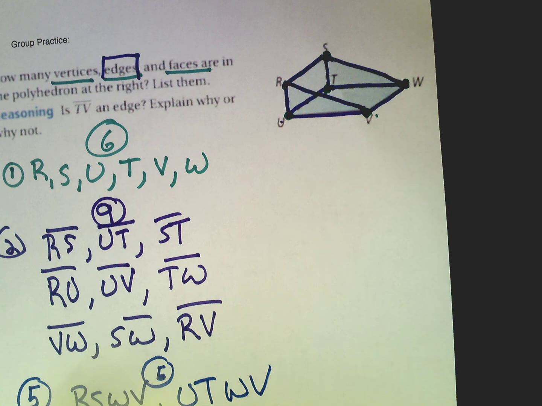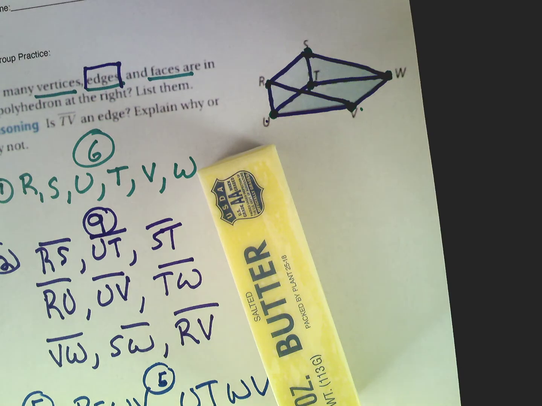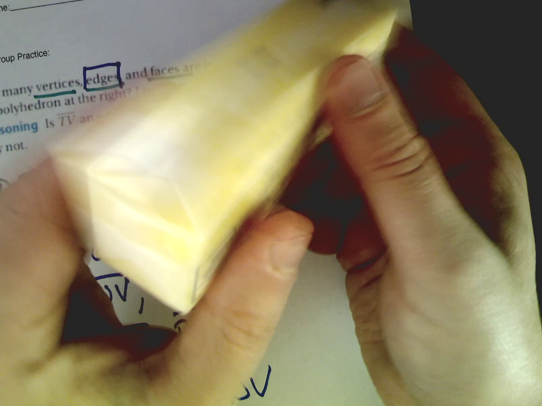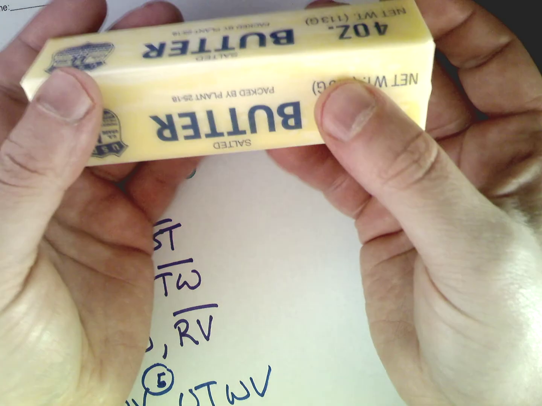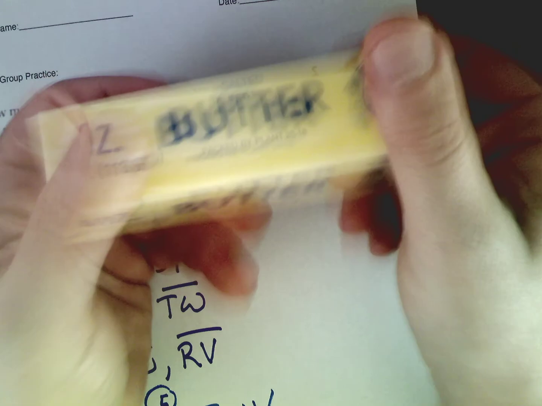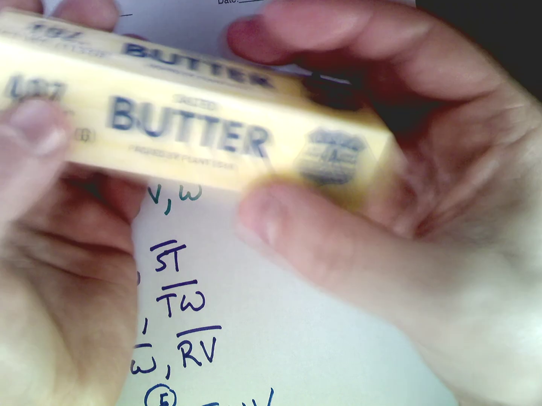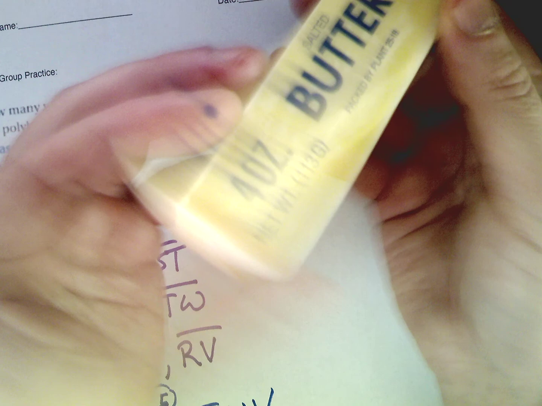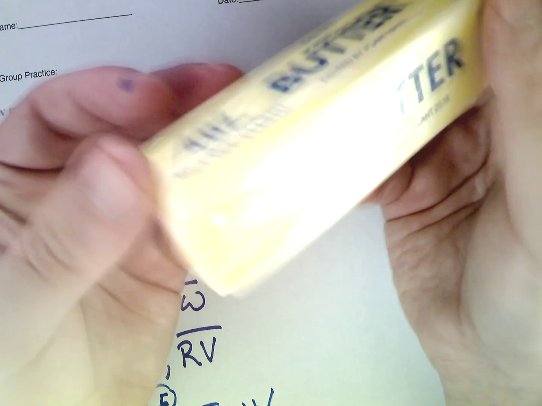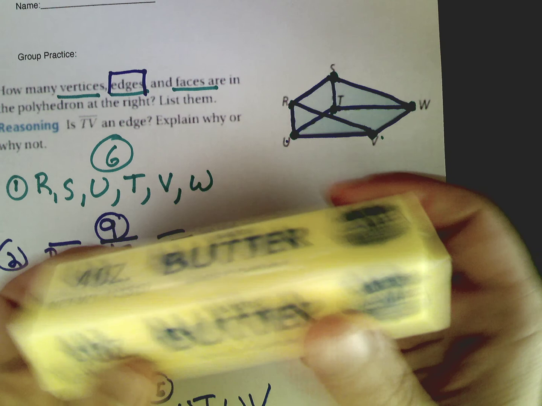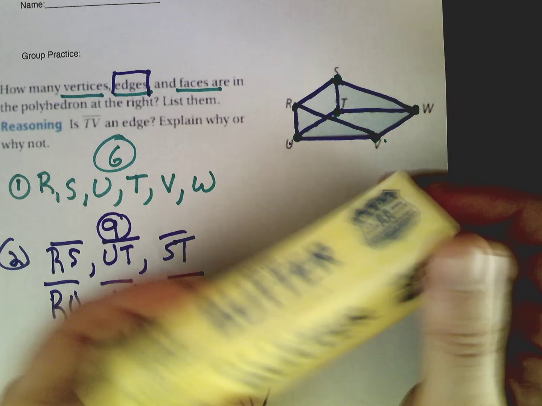Now I'm going to do an example for the next lesson: butter. Butter comes in a stick. It's a 3-dimensional shape. Some of us get butter in buckets, whatever you call them; I get my butter in sticks. Now it's got edges, vertices, and sides or faces.